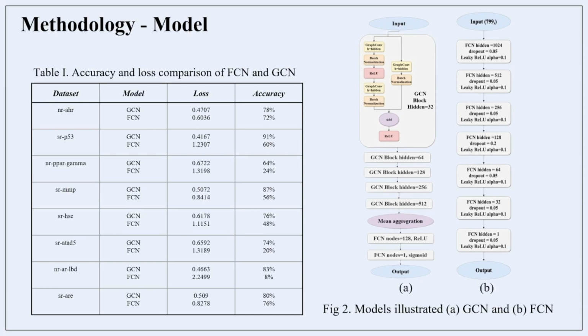So the observation is just that the graph convolutional network is taking in the entire molecule as an input. Let me try to explain it in a better way.